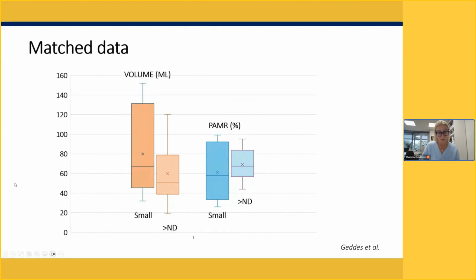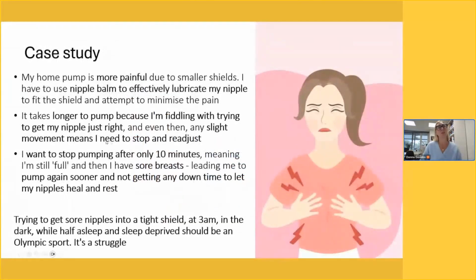And the reason I say that is because we see a number of mothers that come to us and we might use a different shield. And in particular, this mum was having some issues at home. She found that her home pump was more painful, mainly due to the smaller shields, and she was using a balm to effectively lubricate the nipple. In other words, it was quite tight, needing some lubrication.